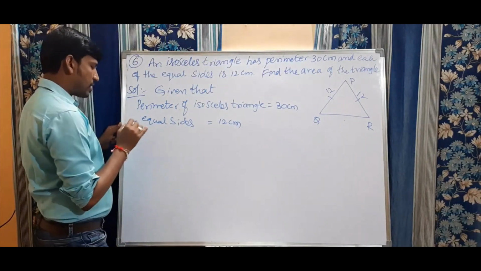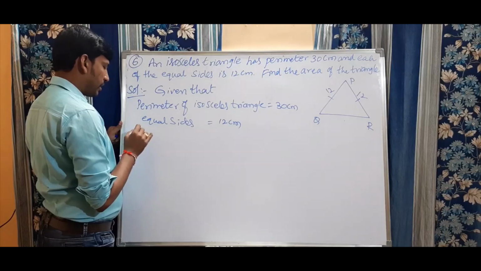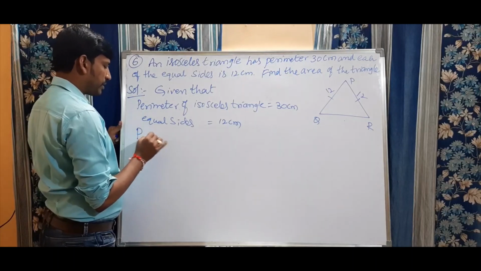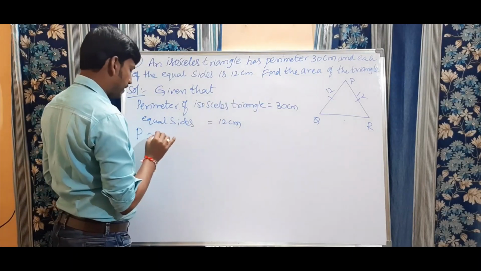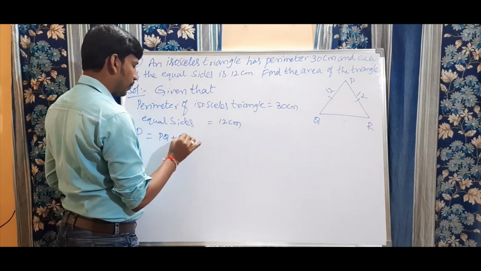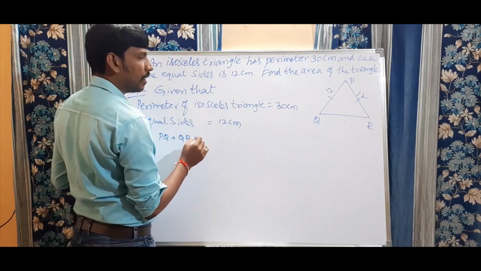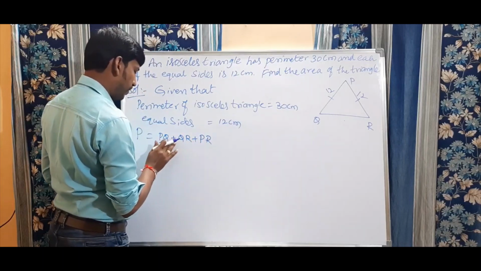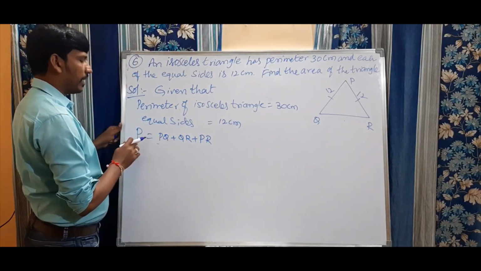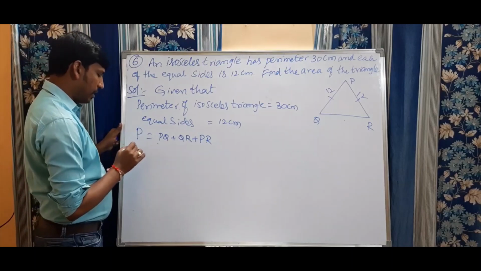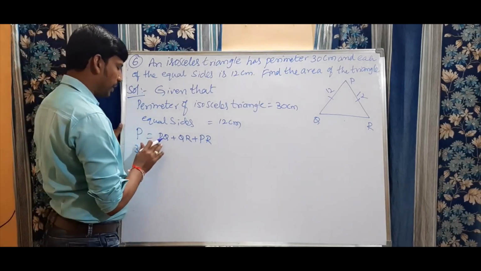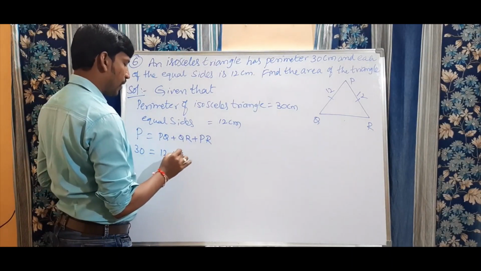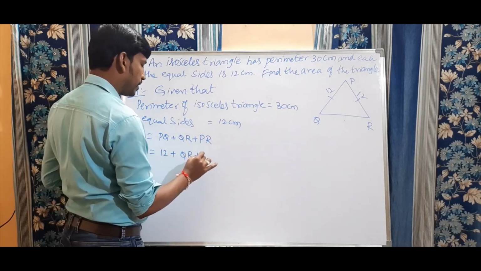Now, what is the perimeter? Perimeter P is equal to the sum of all the sides: PQ plus QR plus PR. The perimeter is 30, so 30 is equal to PQ, that is 12, plus QR, which we need to find out, plus 12.